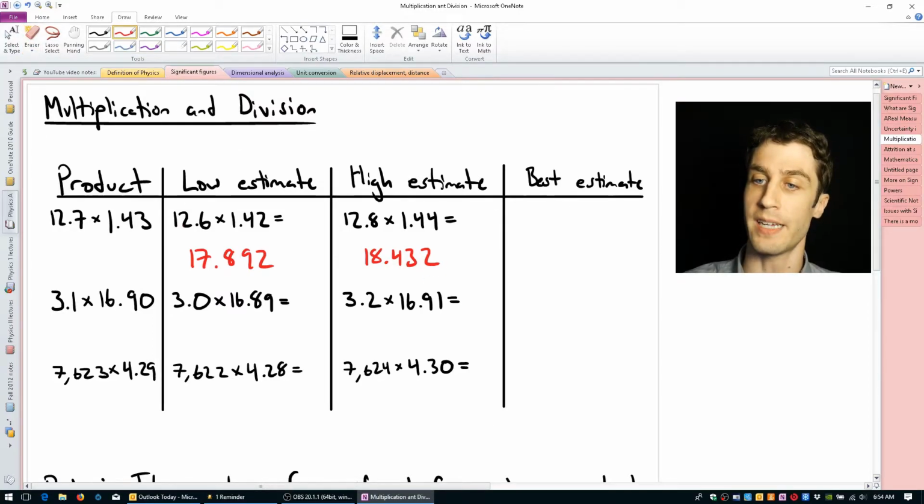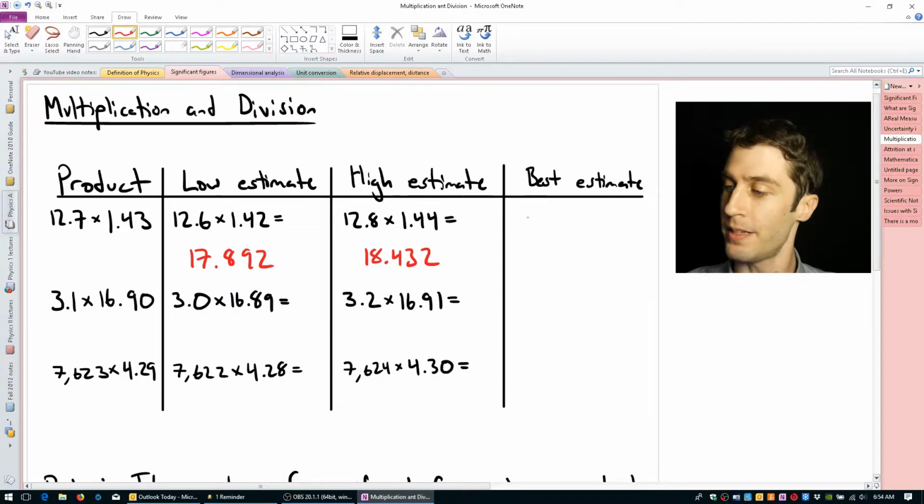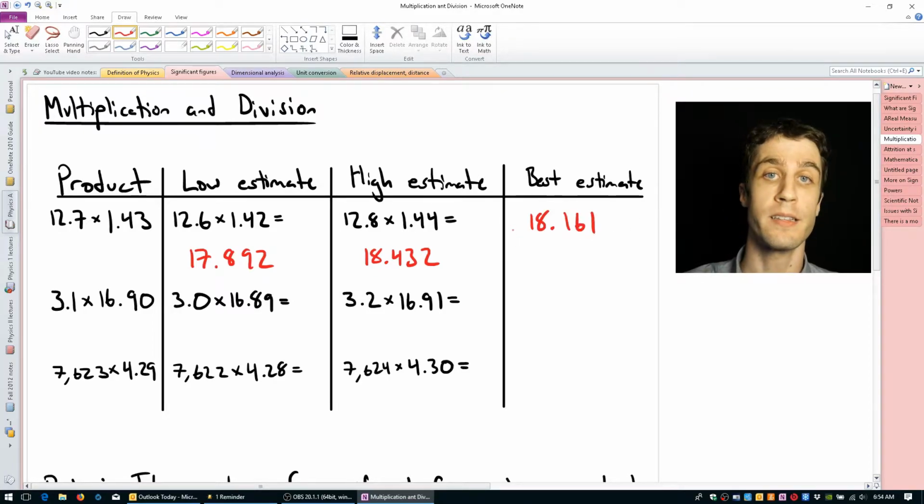So our best estimate is going to be 12.7 times 1.43. So you'll plug that into your calculator, and your calculator will happily spit out 18.161. But like I said, those last 2 digits are not significant. Those are not digits that we'll include, and so the answer that we really report is 18.2.